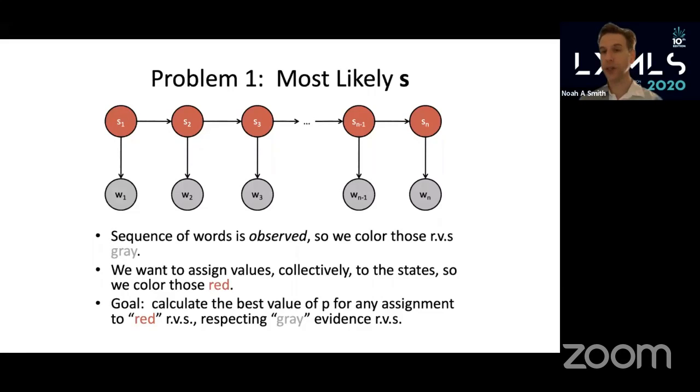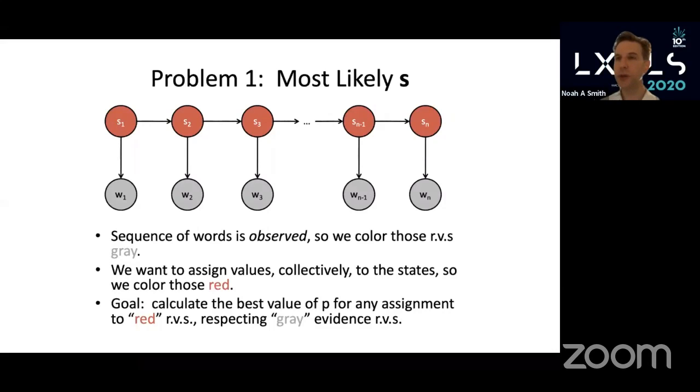In this case, it's all the words. And I've colored red the state sequence because what I want to do is collectively assign values to the states, maximizing the probability of the whole configuration. So the goal is to calculate the best value of the probability for any assignment of red variables respecting the gray random variables, which again we call the evidence.